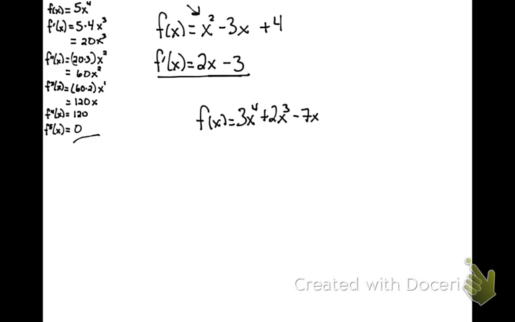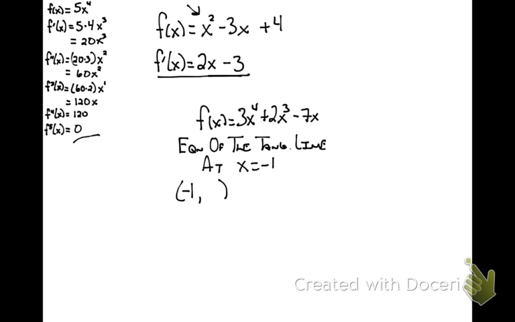And what I want to know is, what is the equation of the tangent line at x equals negative 1? Well, there's two things I need to know to come up with the equation of a line. I need to know a point, in this case when the x value is negative 1, and I need to know the slope of my line.